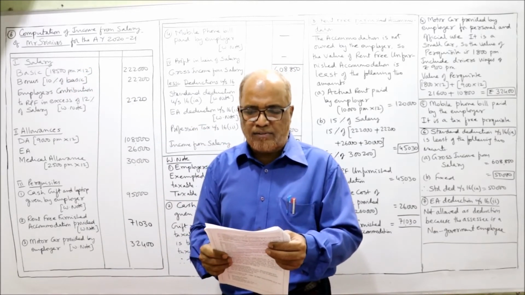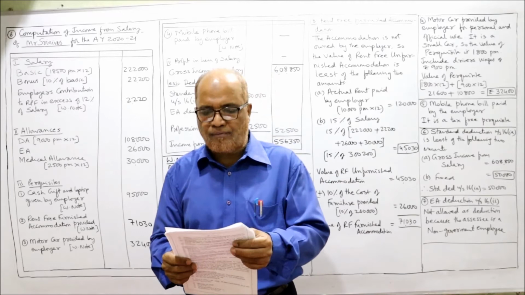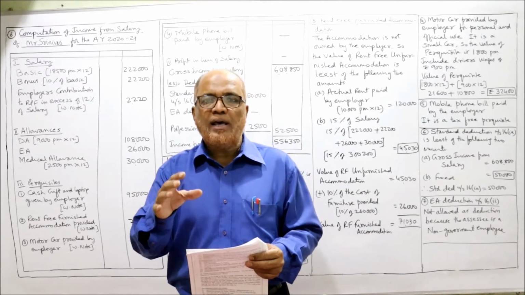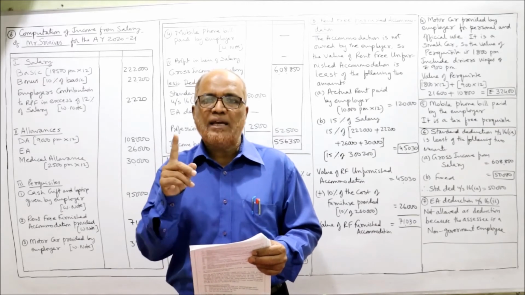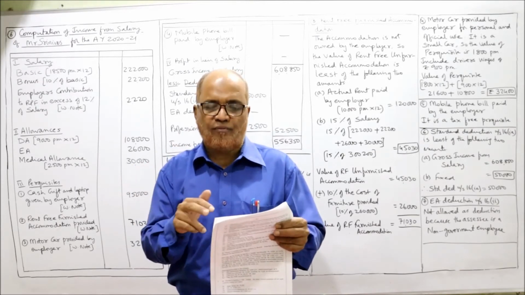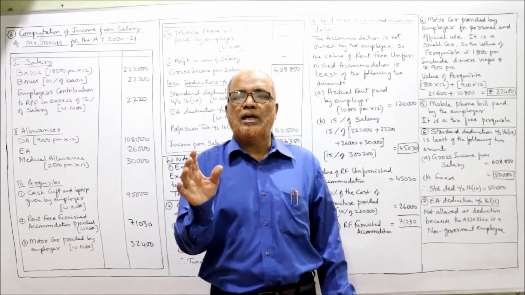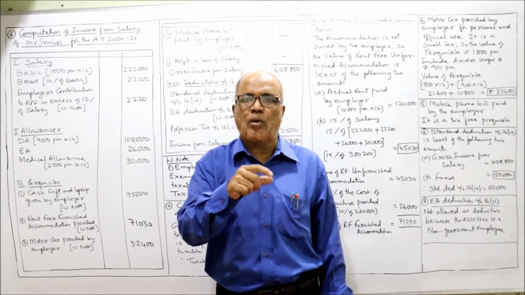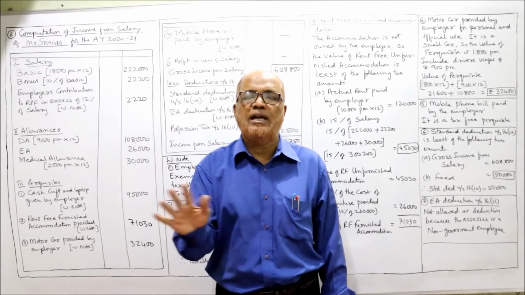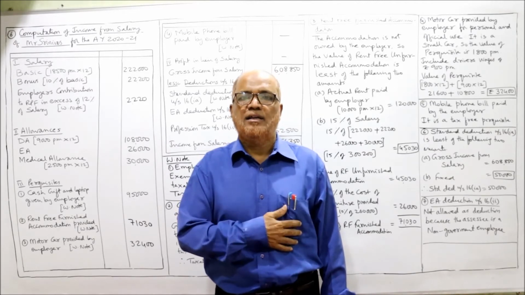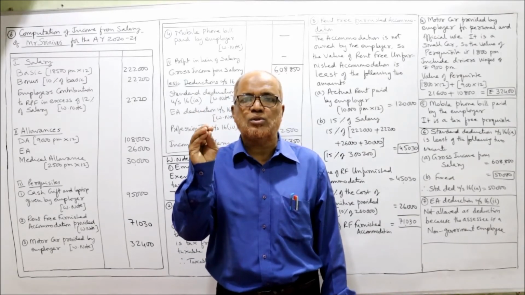During the year, he received a cash gift of rupees 75,000 and a laptop of rupees 25,000. The employer has given two gifts. One cash gift of 75,000 and another gift is a laptop worth rupees 25,000. So the Income Tax Act says a cash gift given by the employer to the employee is fully taxable, and a gift given in kind is exempted up to 5,000.